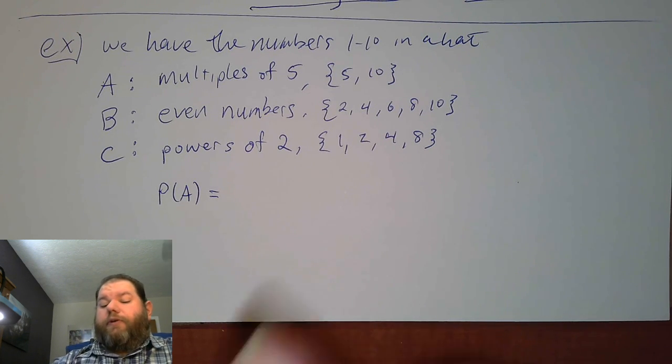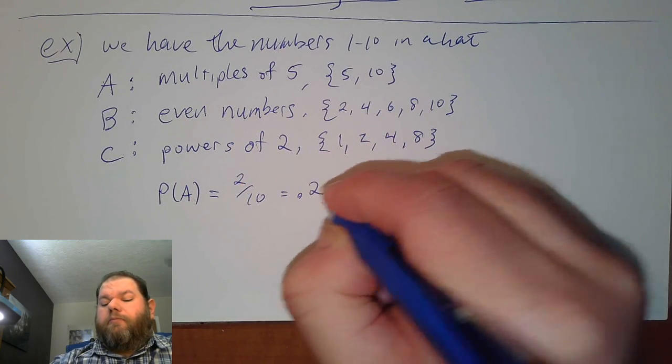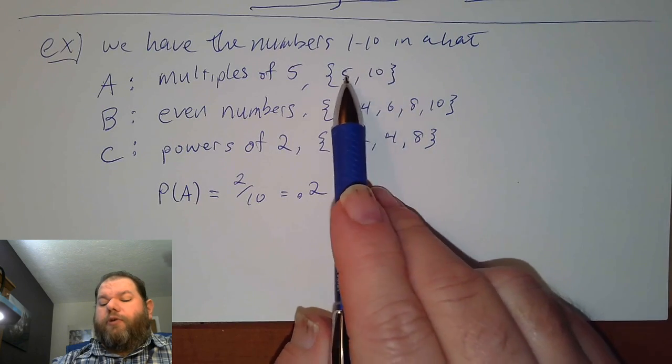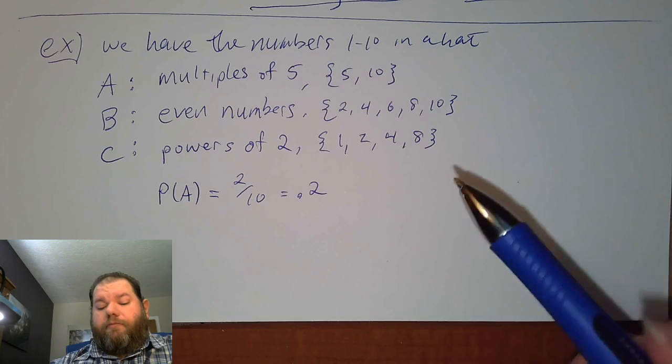Two out of 10 or 0.2. Again, we're just counting 1, 2 numbers there out of 10, and that's our probability.